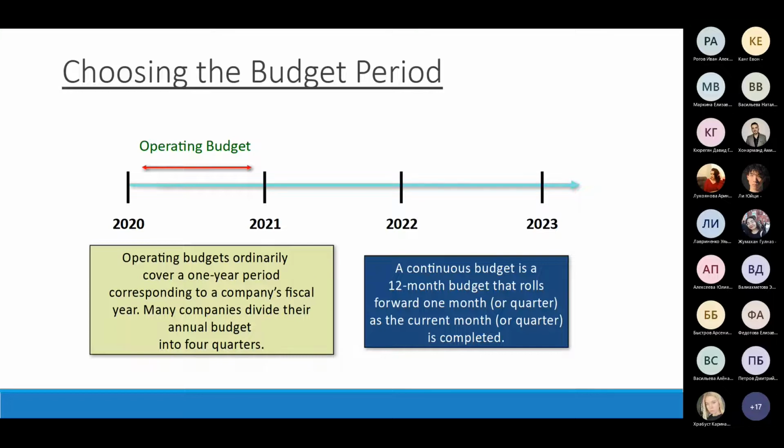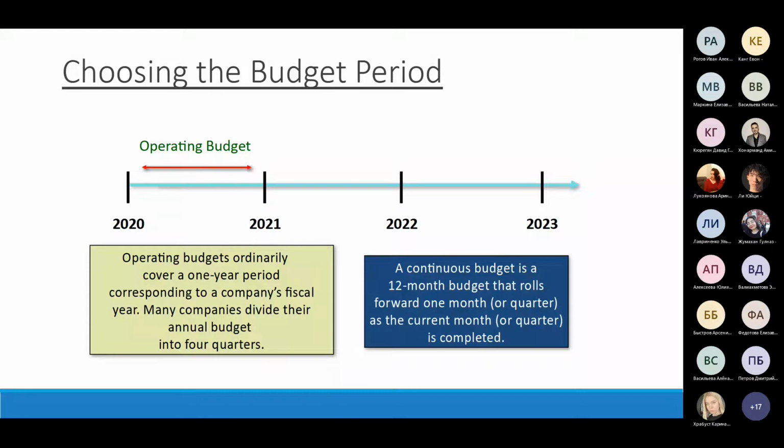The second timing for the budget is the continuous budget. A continuous budget is also a 12-month budget, but not a simple one. It starts on the 1st of January and ends on the 31st of December, but it is rolling forward 1 month.